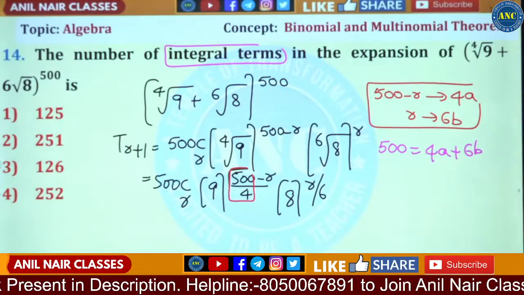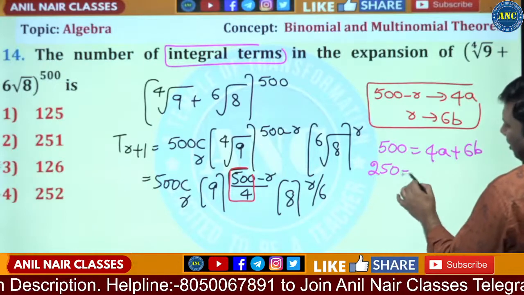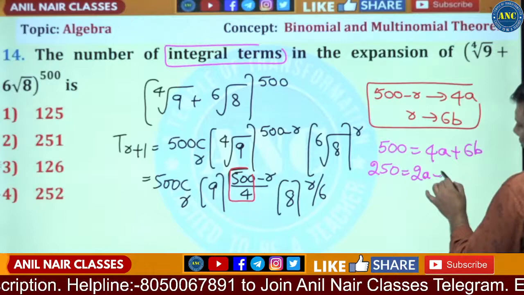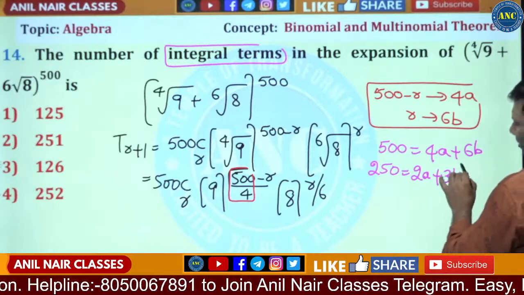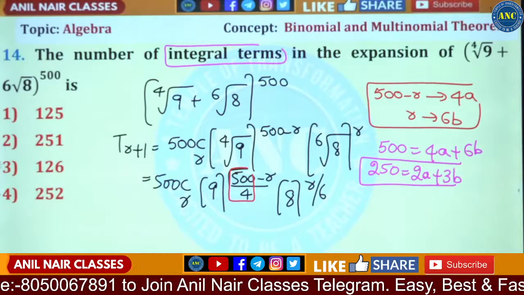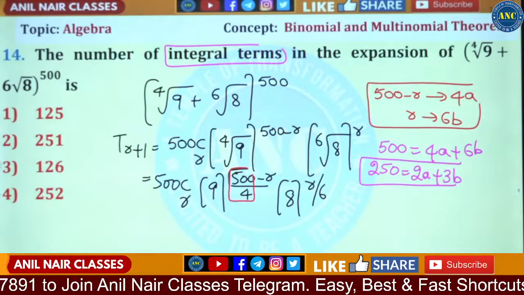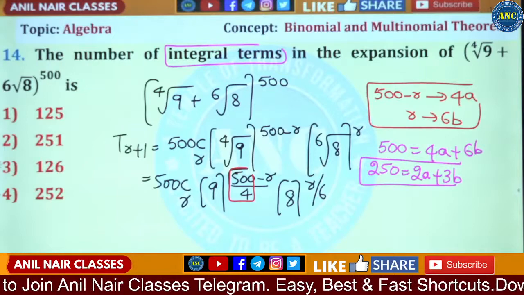Dividing by 2, 250 is equivalent to 2a plus 3b. I hope this equation is clear to you.